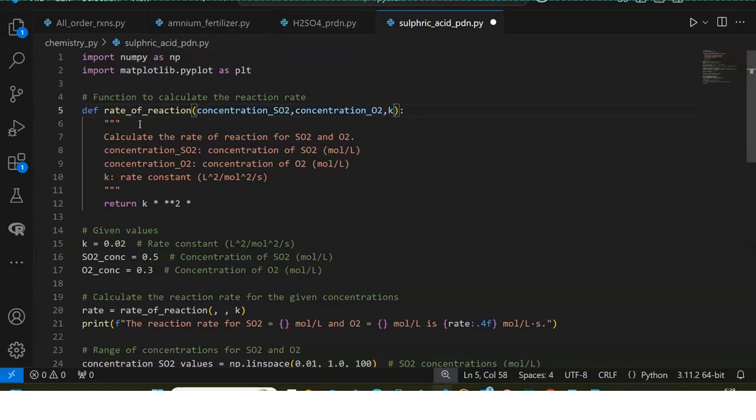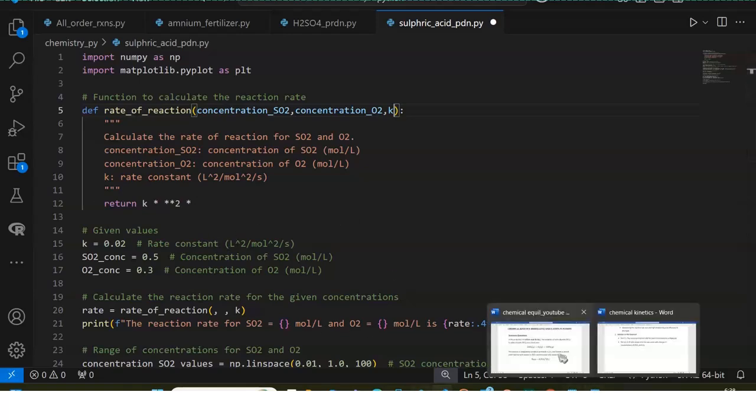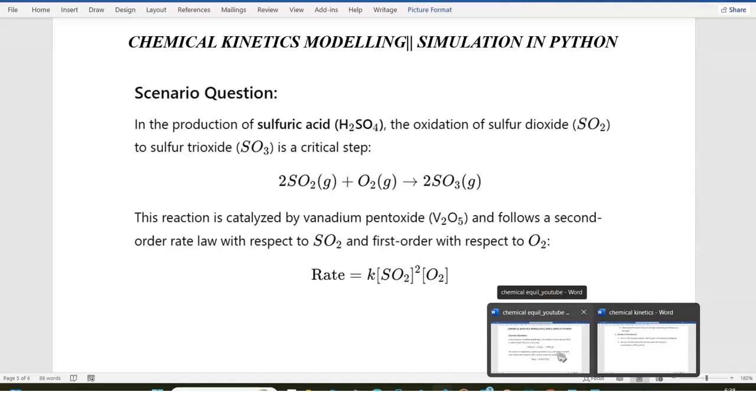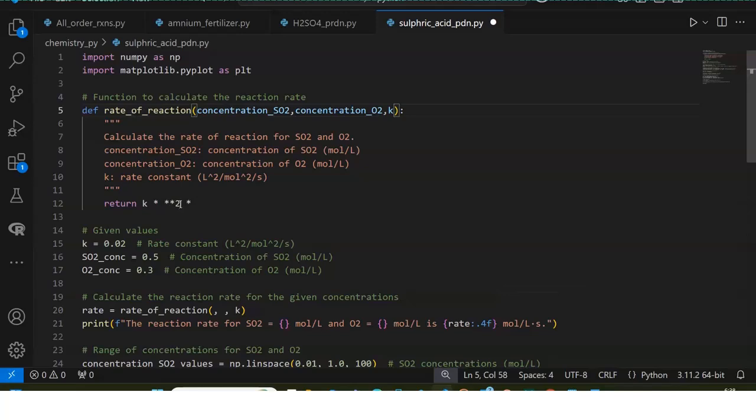So this function must return, so the output of this function is going to be k times the concentration of sulfur dioxide squared times the concentration of oxygen. Therefore, we are going to have the concentration of sulfur dioxide times k. Obviously, the concentration of sulfur dioxide is squared. Then we are going to multiply by the concentration of oxygen. So that is going to be the output of this function.